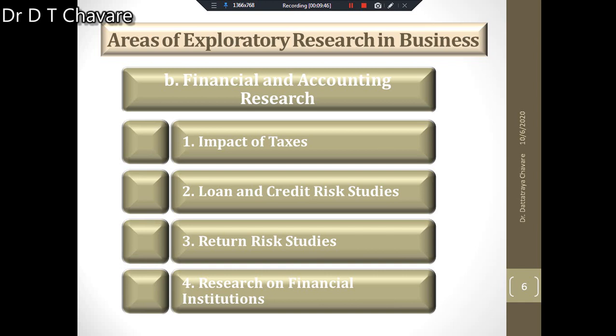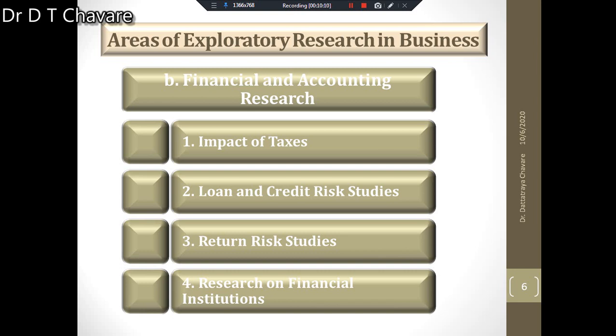Then loan and credit risk studies. Such studies are also conducted under financial and accounting research. Then return risk studies. It means what type of return you are getting from that investment and what type of risk is there. There is a relation between return and risk, and such a study is also conducted. Then research on financial institutions.